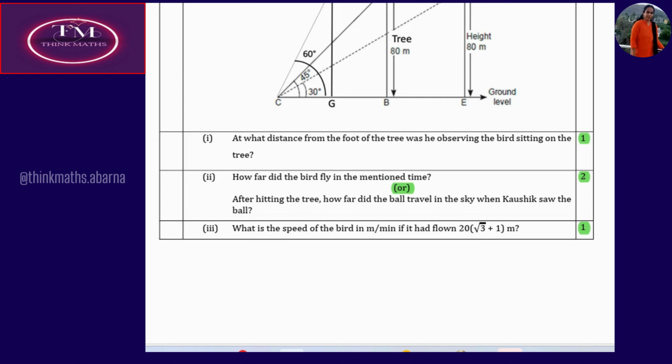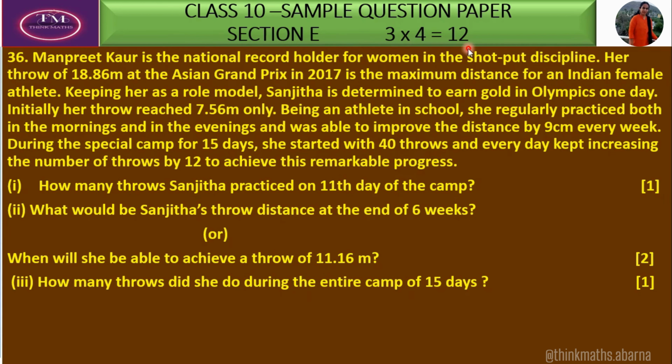So you will have 3 questions, each carrying 4 marks, split into 1, 2, 1. I hope you can understand the pattern in section E. Section E, 3 into 4, will have 12 marks.